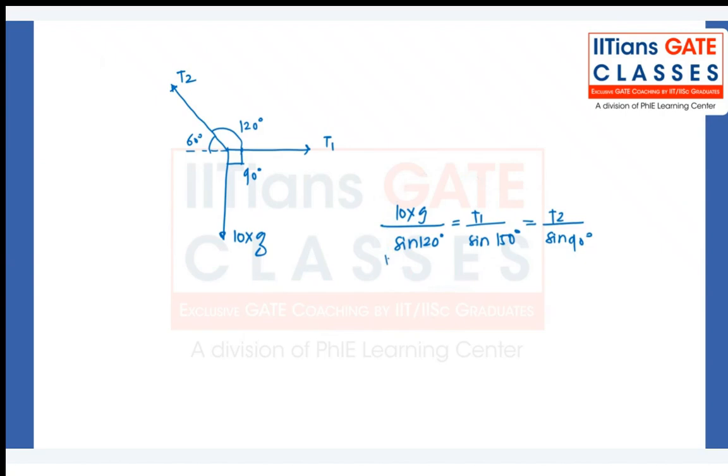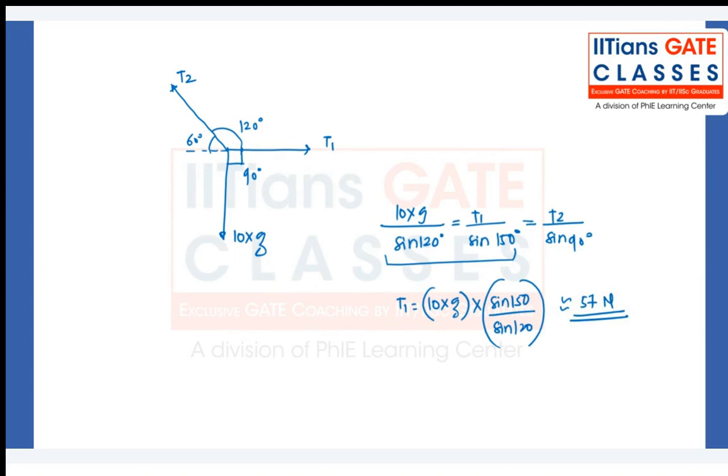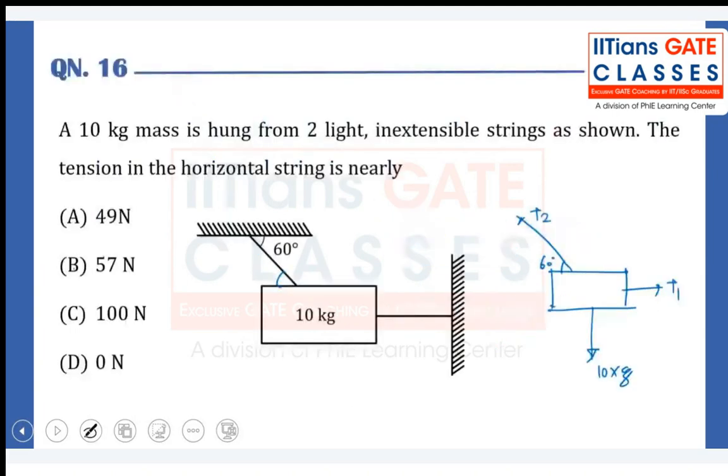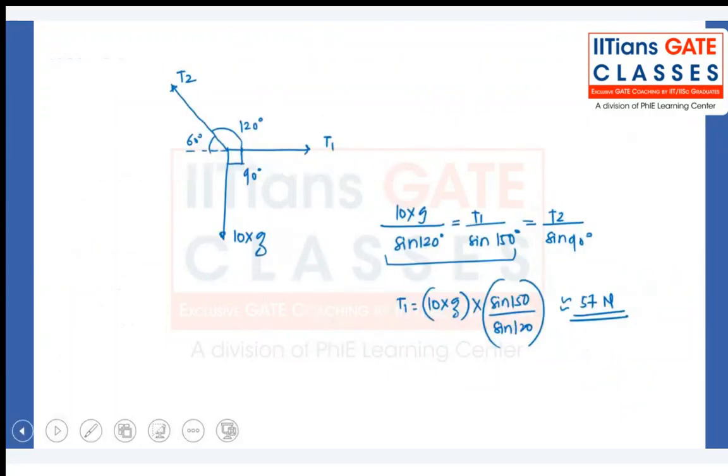So T1 is equal to 10 times acceleration due to gravity into sine of 150 divided by sine of 120. The final solution you should get is 56.6 something, which is approximately 57 Newton. Hence, option B is correct in this case.